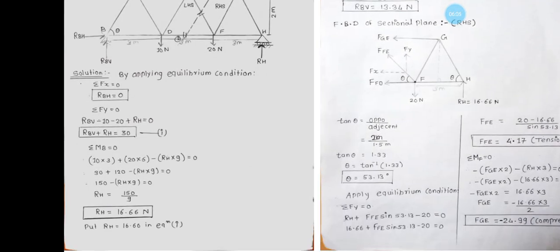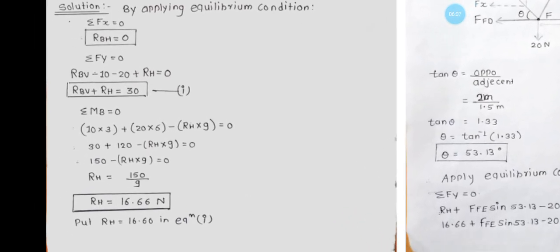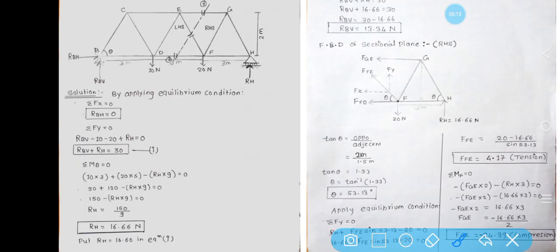We are taking moment at point B, so that RBH and RBV are cancelled as they are passing through this same point.